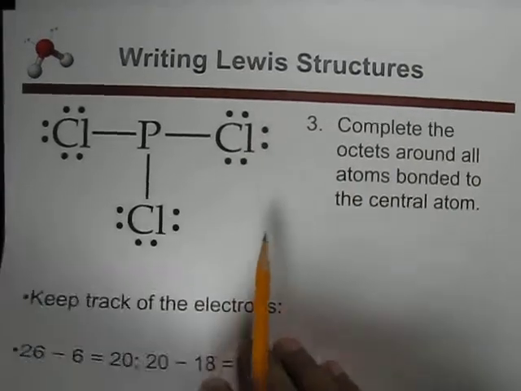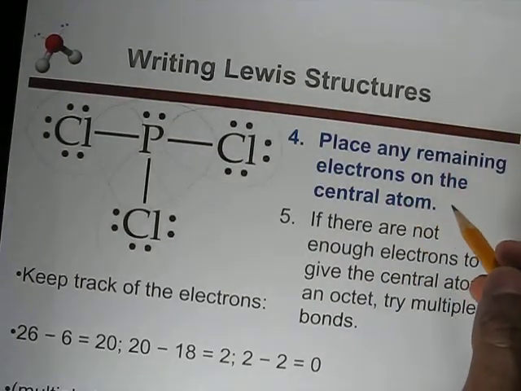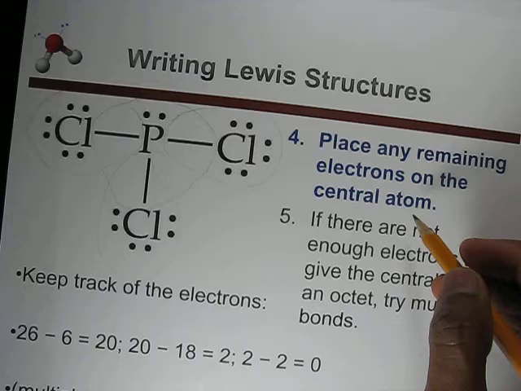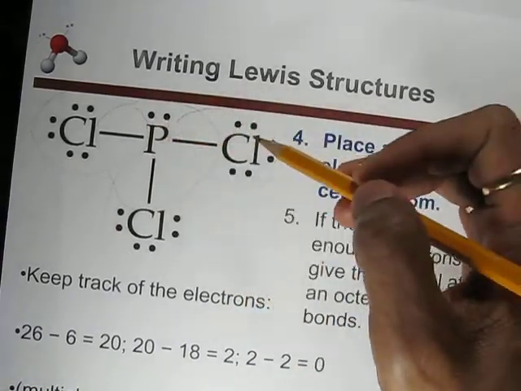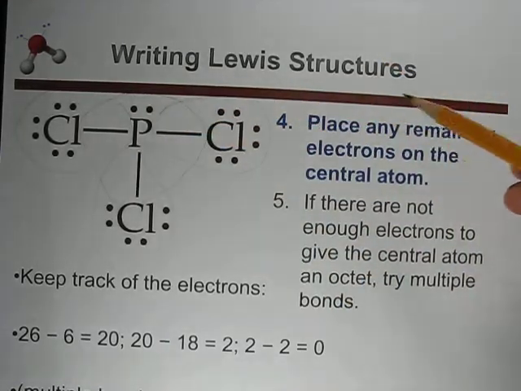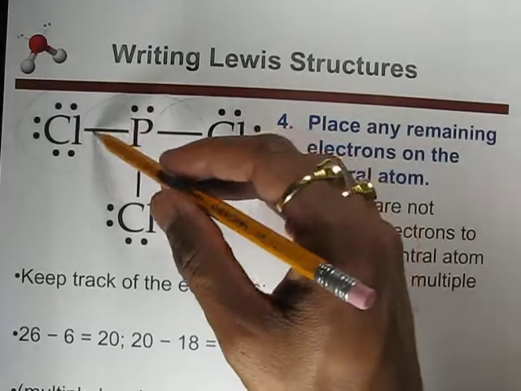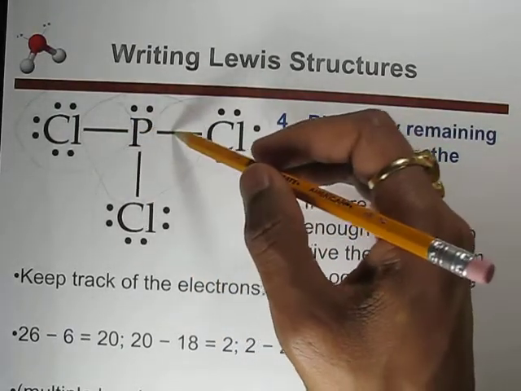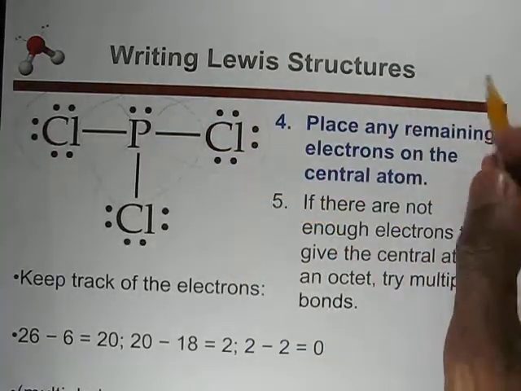So what will happen to the remaining 2 electrons? Place any remaining electrons on the central atom. These electrons will be called non-bonding electrons, and the shared ones will be called bonding electrons. So there are 6 bonding electrons and 2 non-bonding electrons.